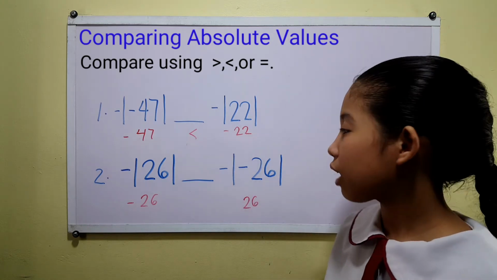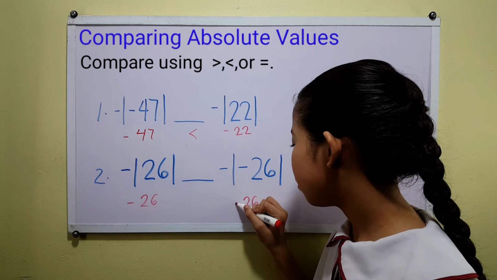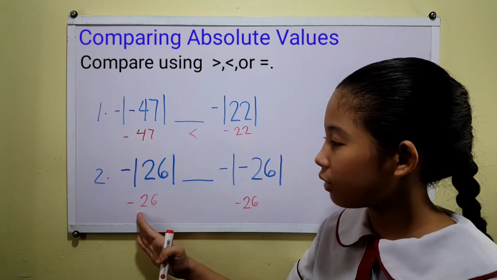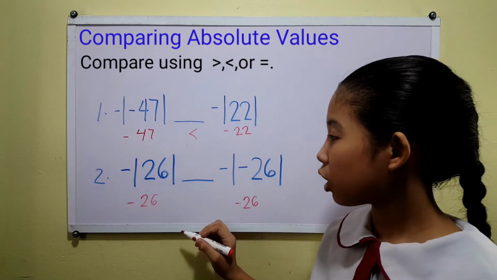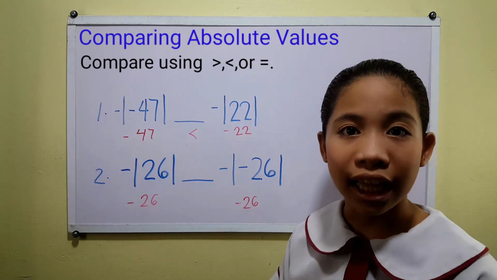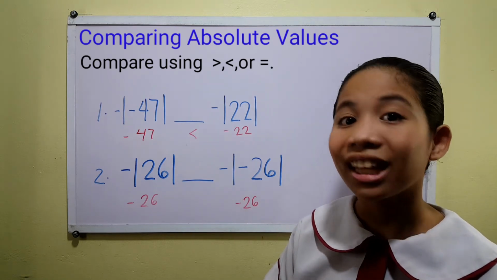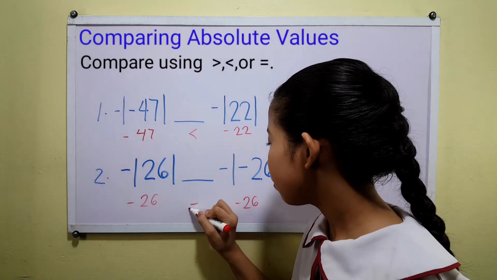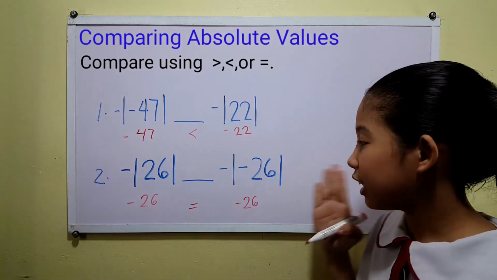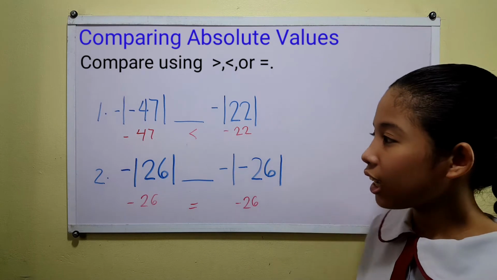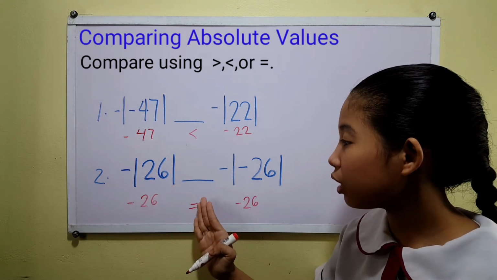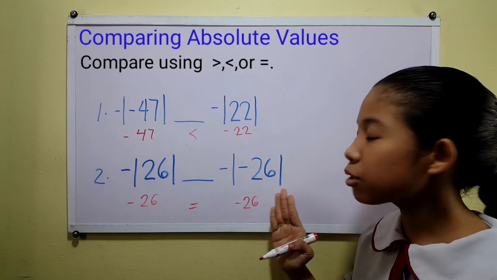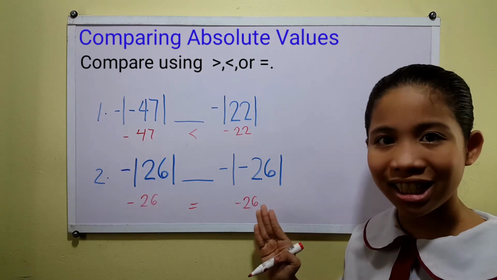Don't forget to copy the negative sign. So negative 26 and negative 26. Are they greater than, less than, or equal? Equal. So the answer for this expression is negative absolute value of 26 is equal to negative absolute value of negative 26.